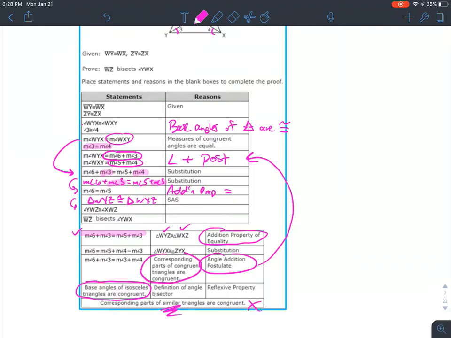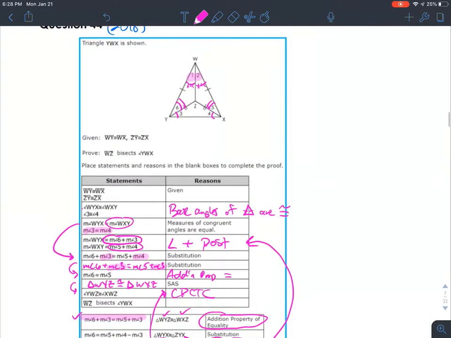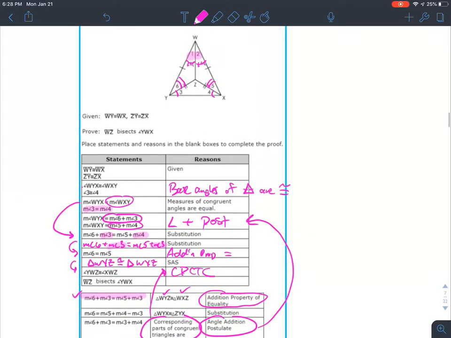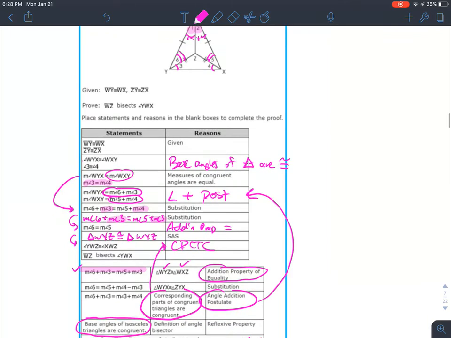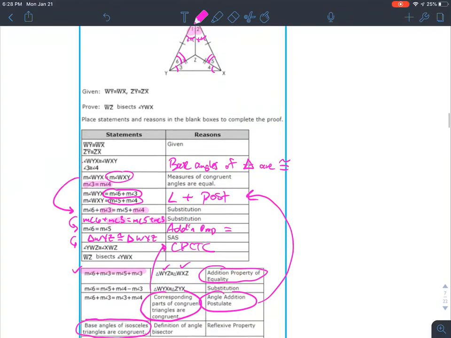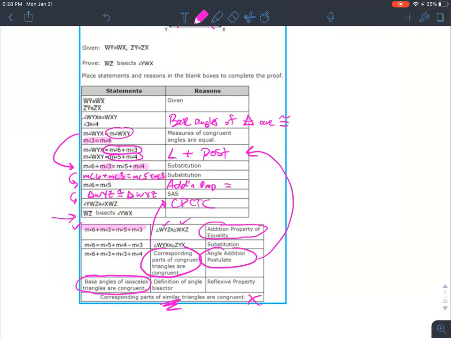So that's going to go in here. CPCTC, once again, state test, drag and drop. And then finally, since we know those are congruent angles, that makes WZ a bisector, which is what this is saying. How do we know that? That's the definition of an angle bisector, which is this one.